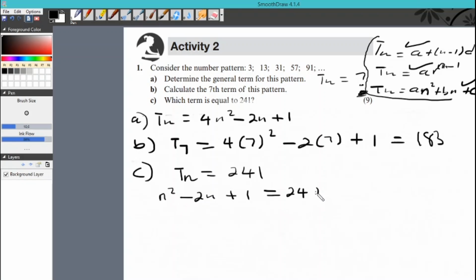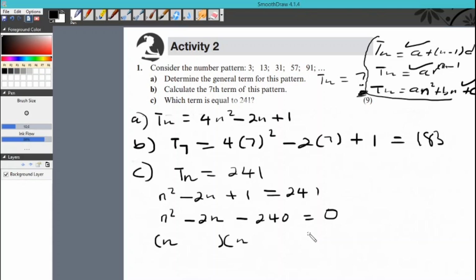Let's take the 241 and move it to the other side, we will have n squared minus 2n minus 240 is equal to 0. Now we can factorize this.